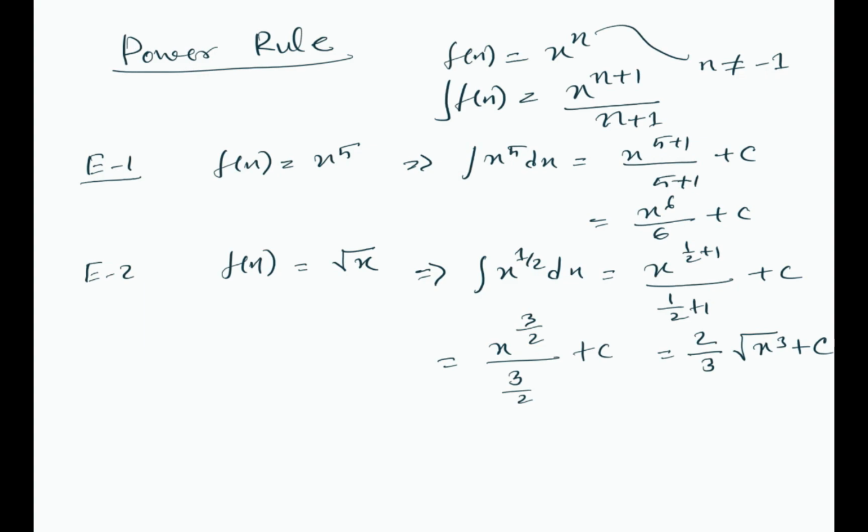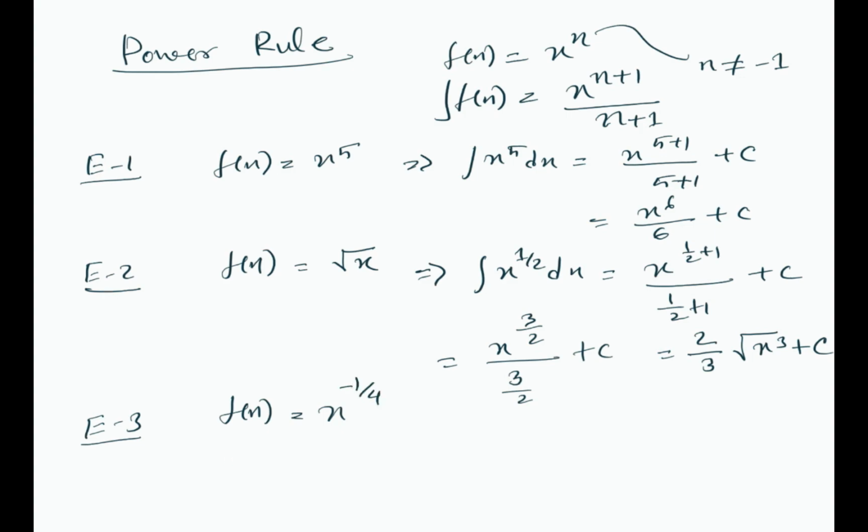We can solve one more example. Example 3. For this example 3, the given function is x to the power negative 1 over 4.